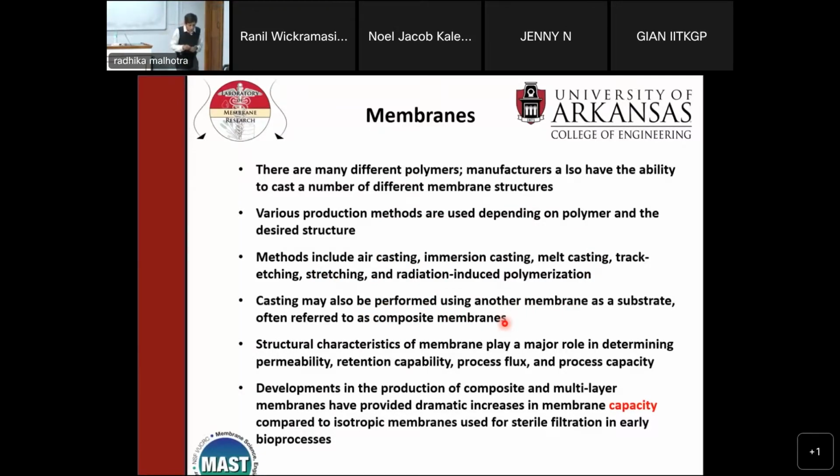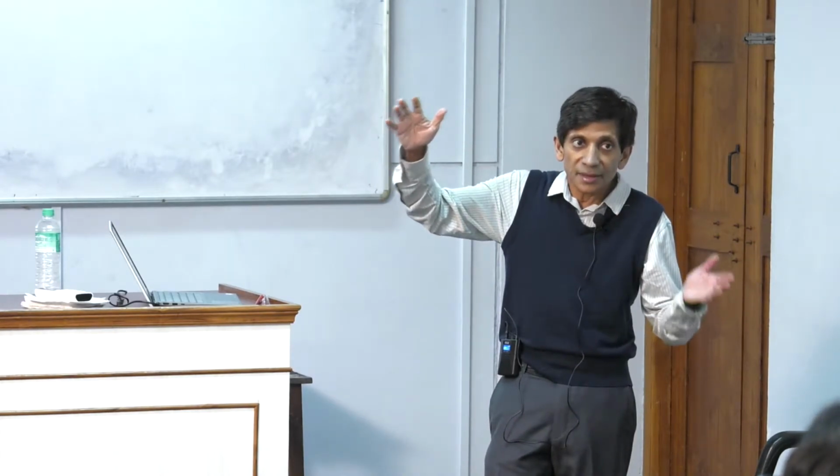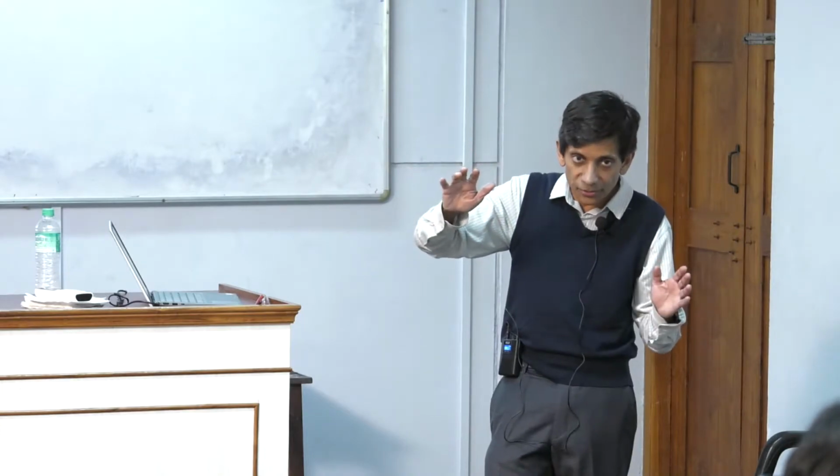So earlier I talked about symmetric and asymmetric, right? So if you think of it, symmetric membranes are made from one polymer. You don't have multiple polymers. One polymer and everything is uniform. Asymmetric membranes could be made from one polymer where you have a gradation in pore size.